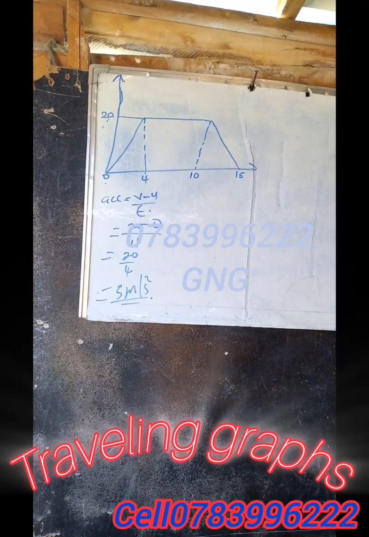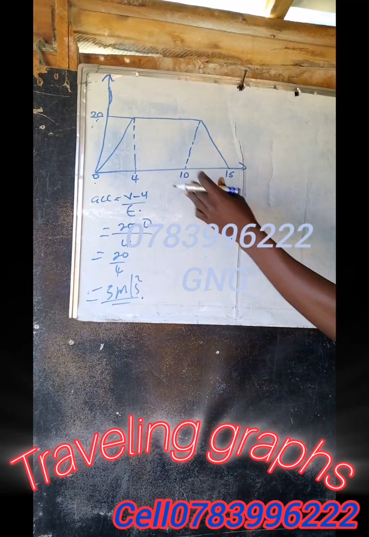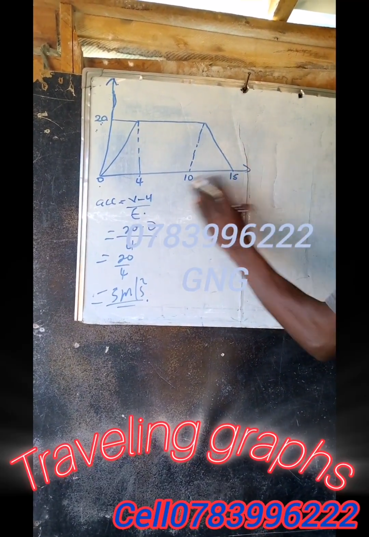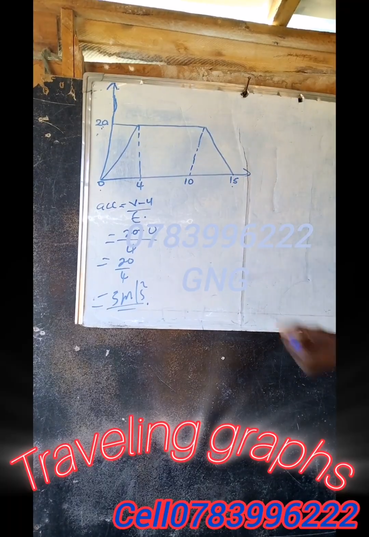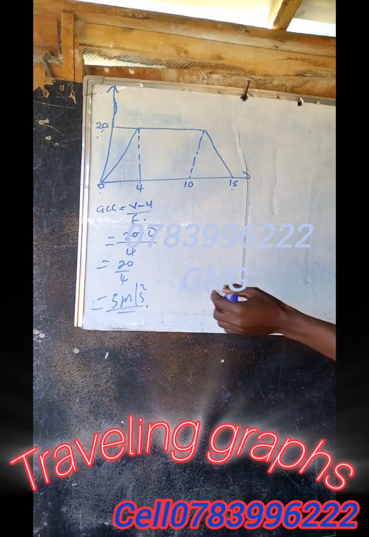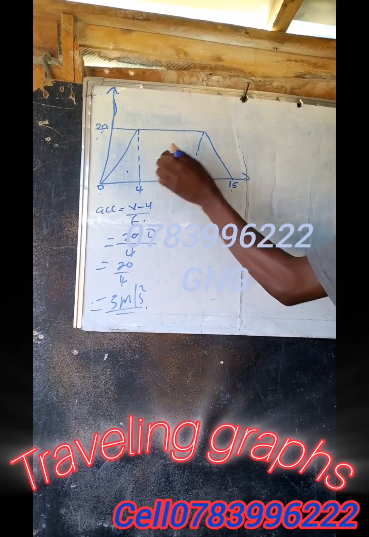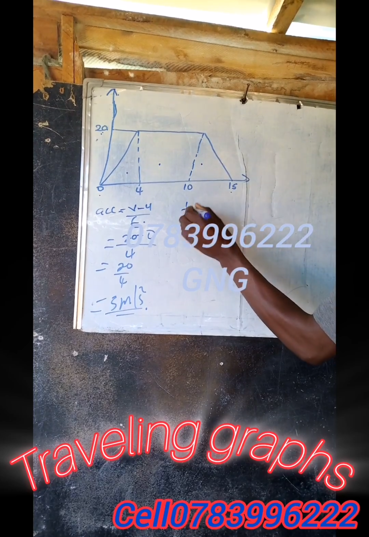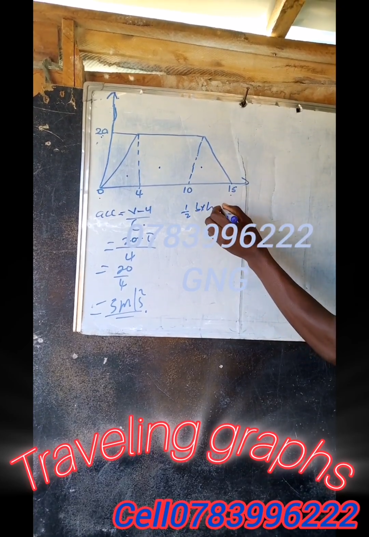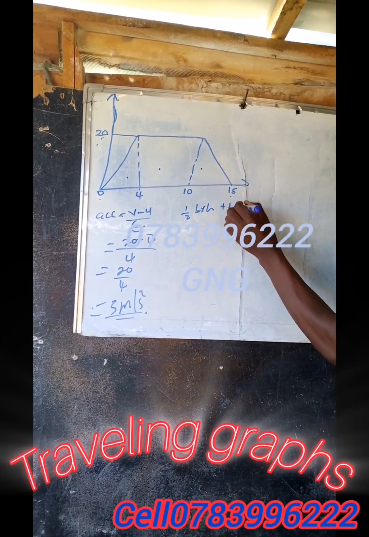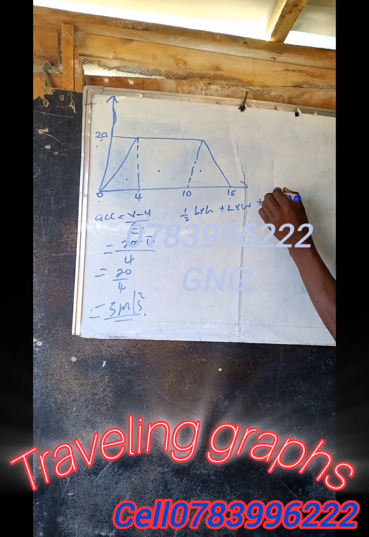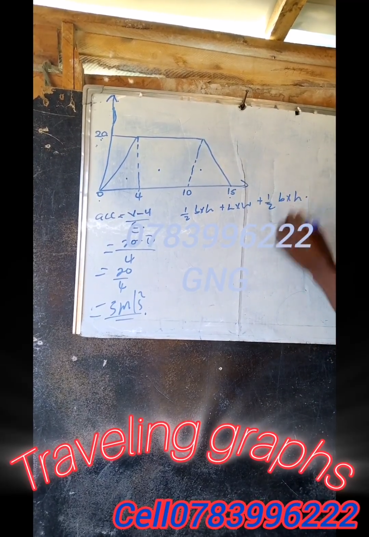Then we may also be asked to calculate the total distance traveled in 15 seconds. Remember, distance is the area under the graph. It is the area of this shape plus this shape plus this shape, which is half base times height, plus length times width, plus half base times height.